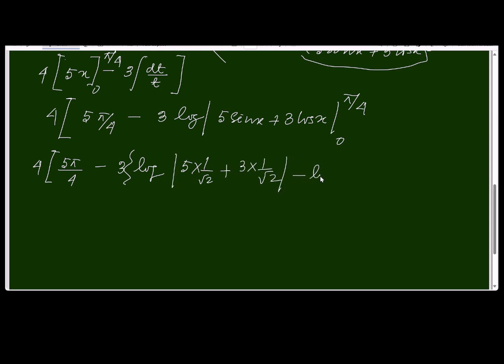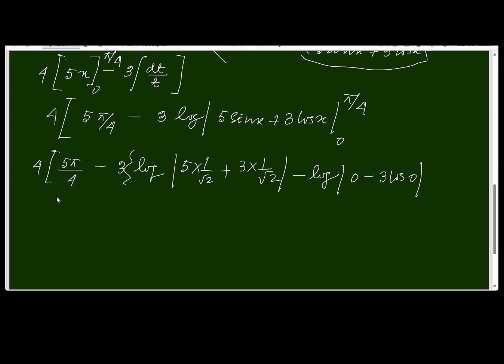Then minus log, here sin 0 is 0, and this will be 3 cos 0. Cos 0 is 1.